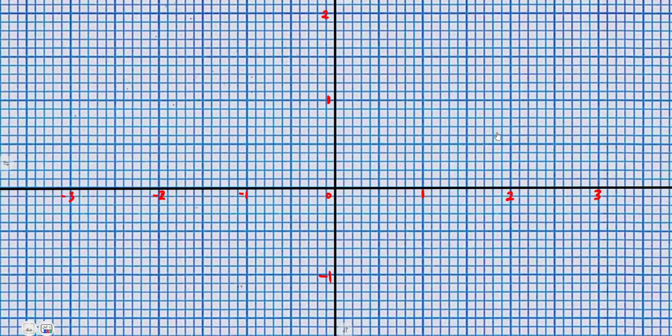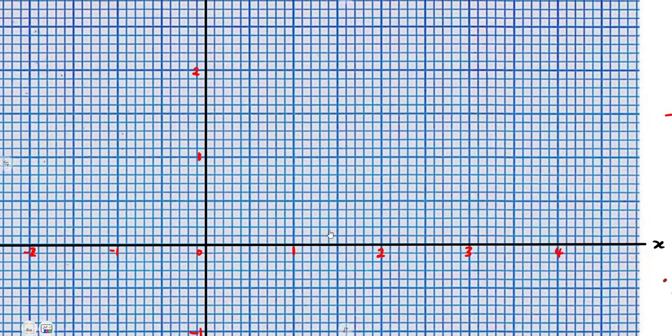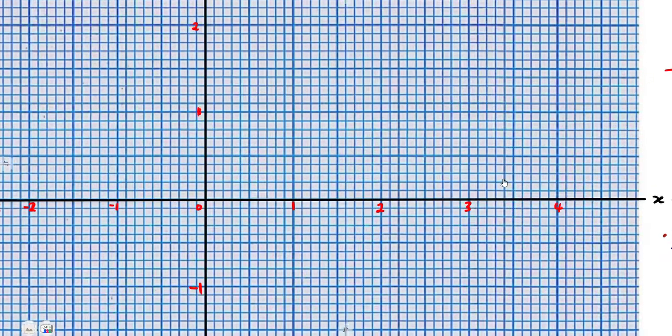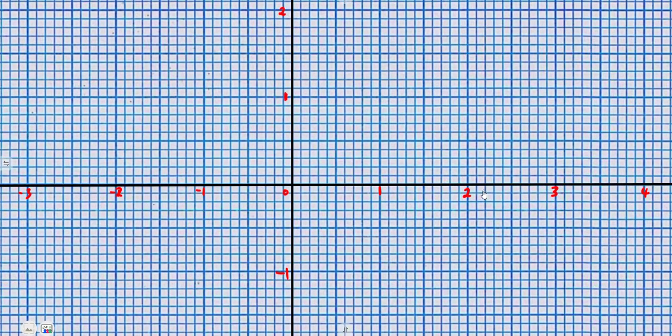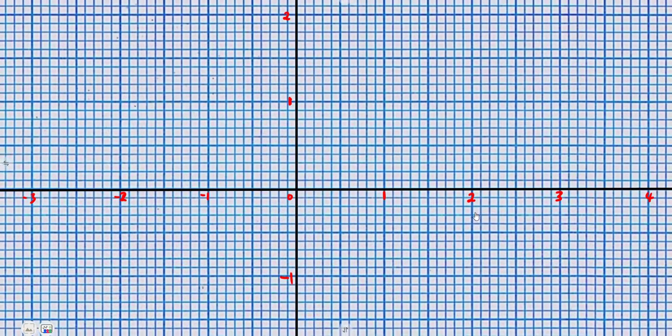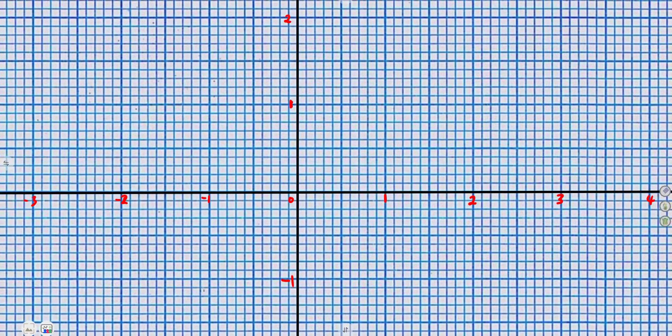So that is how your Cartesian plane is to be represented in terms of the scale that you're given. You must understand what you are given on the scale. Let's have another scale.